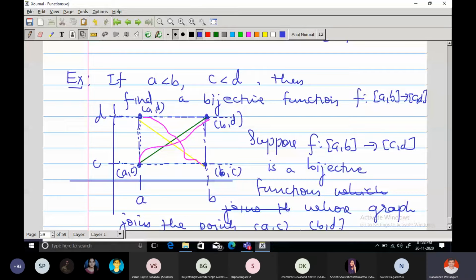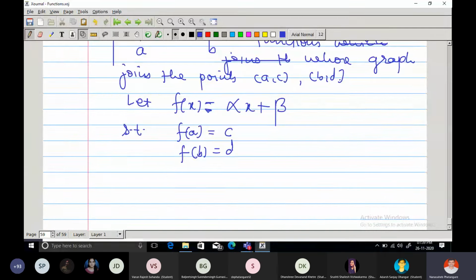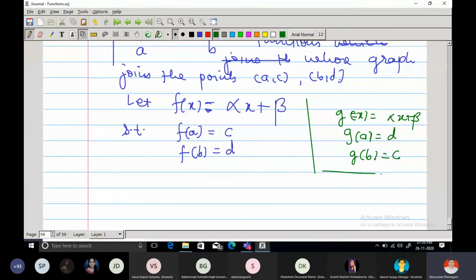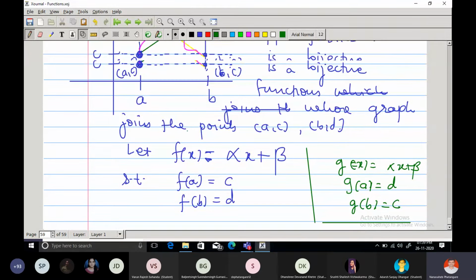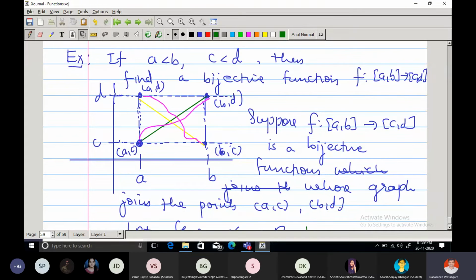You can also find a function g, g(x) equal to alpha x plus beta, with g of a equal to d, and g of b equal to c. This is another one. That means the graph is what? The yellow line. Either you find this function or that, no problem. Both are bijective functions, right?